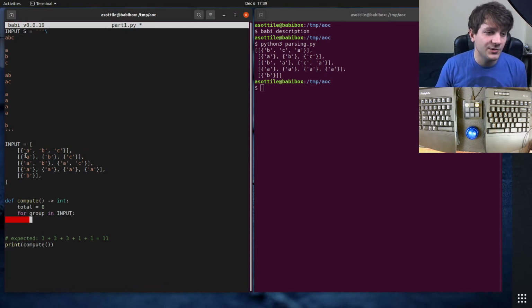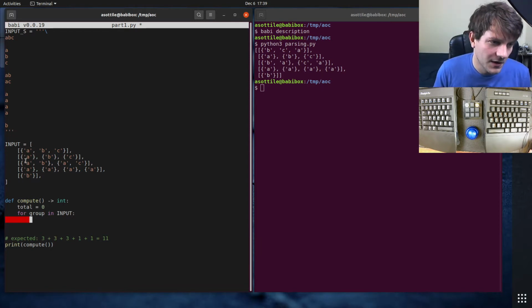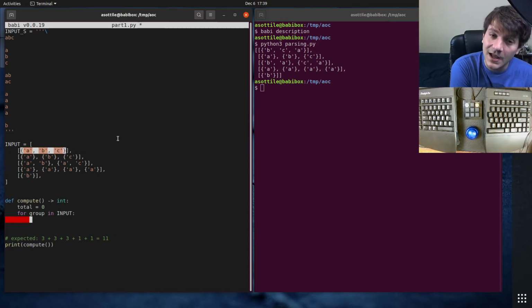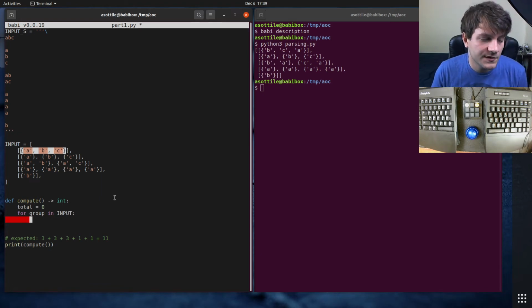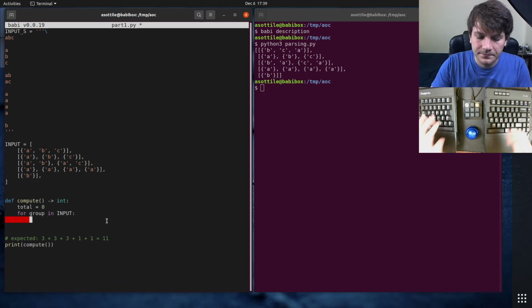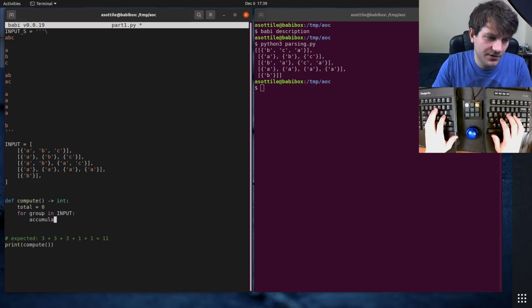What we're actually doing is ORing all of these sets together, or unioning, I guess is the set word. If we unioned A with B with C, we would get a new set that's ABC, and then we would look at the length of that to see the total number of unique things. In this case, we're going to use an accumulator.